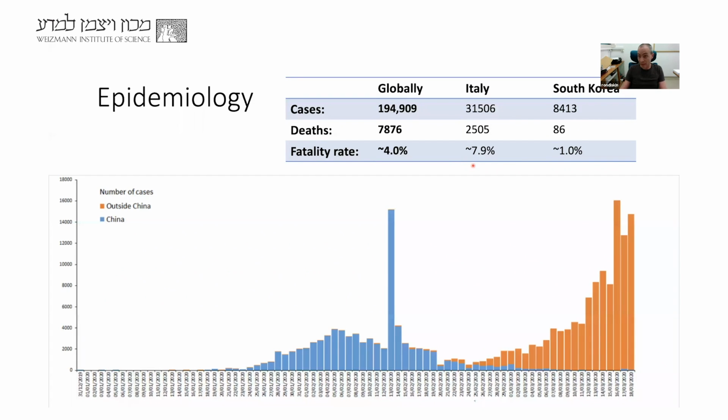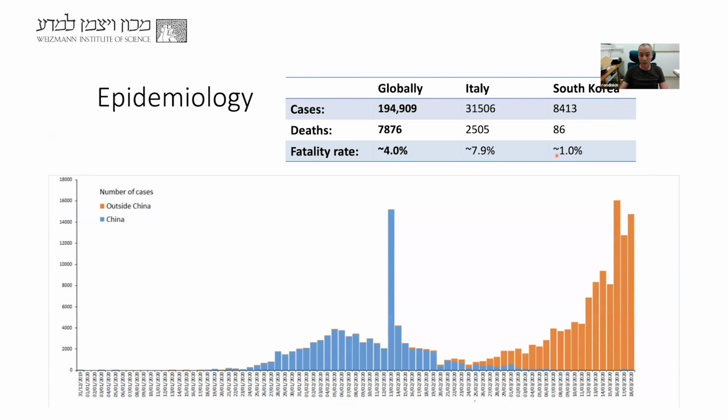Unlike Italy, in other cases like South Korea, they managed to somehow suppress the mortality down to 1%, which is significantly different from this 8%. And mostly it's due to the ability of the healthcare system to admit new patients and to give them intensive care for a long time.